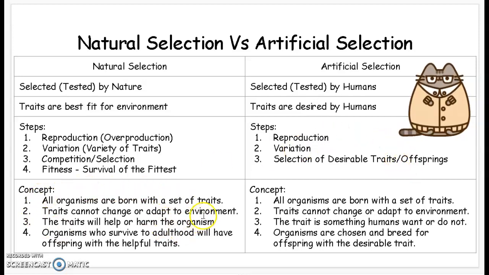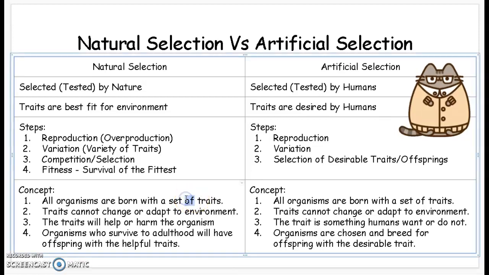Now, the concept I've broken down. In the end, all organisms are born with a set of traits. These traits cannot change. Animals and plants do not adapt to the environment. They are born with it or they're born without it. The traits will help or harm the organism. So camouflage: you have camouflage, congratulations, you survive.